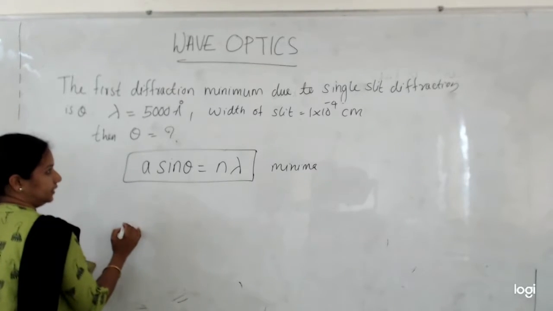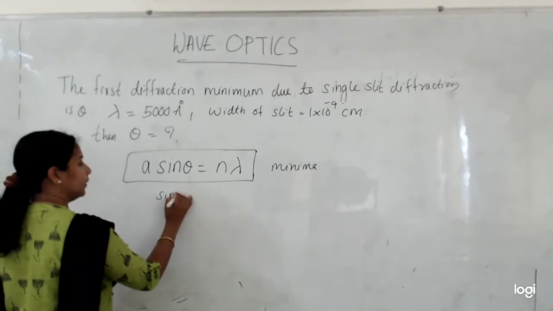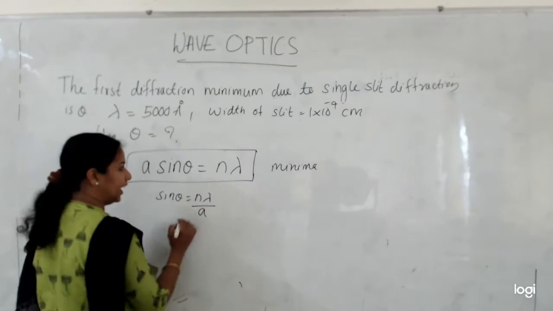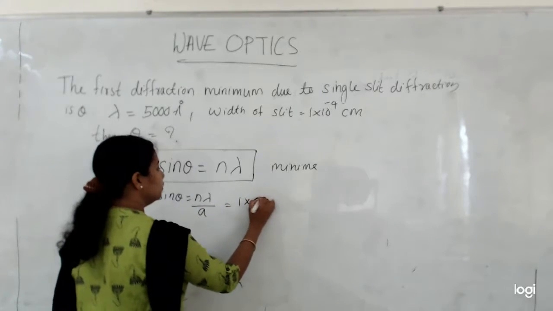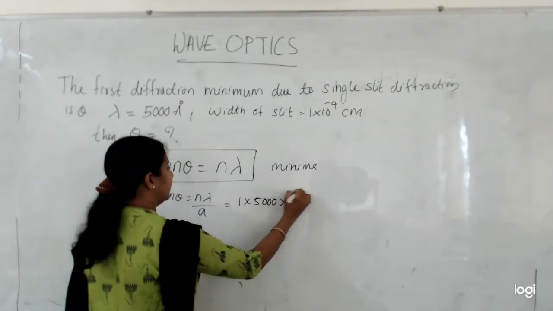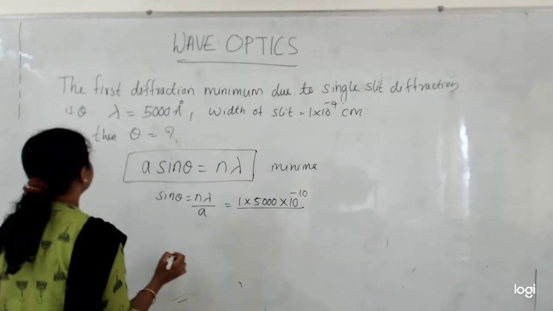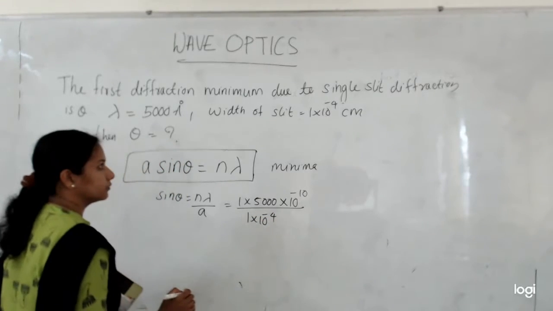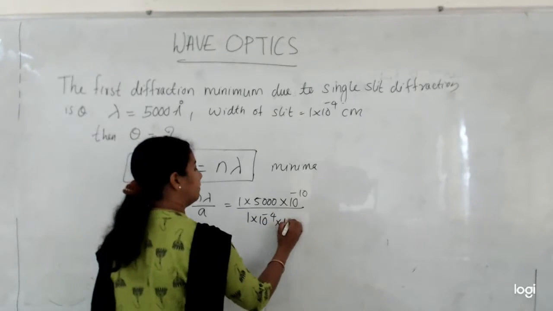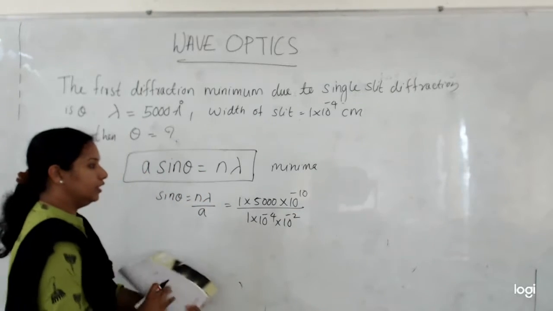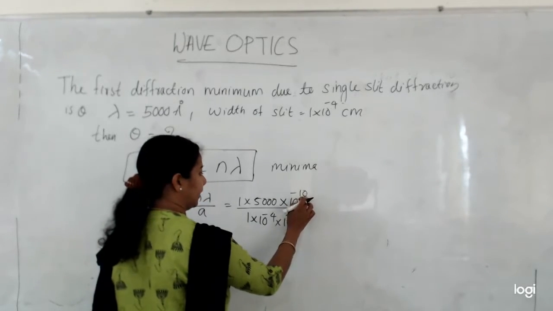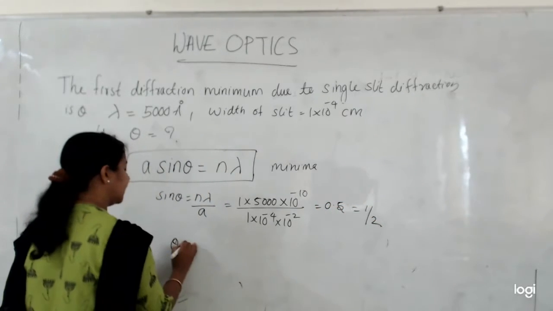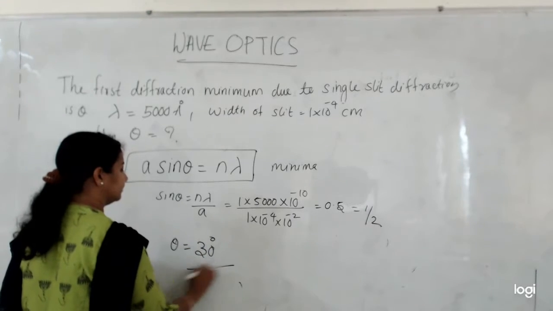Then sin theta is equal to n lambda by A. As it is the first minima, put n equal 1: 1 into 5000 into 10 power minus 10 by A. A is 1 into 10 power minus 4 centimeter, which means 10 power minus 6 meter. If you solve, that is nothing but 0.5, that is 1 by 2. Theta is equal to 30 degree.